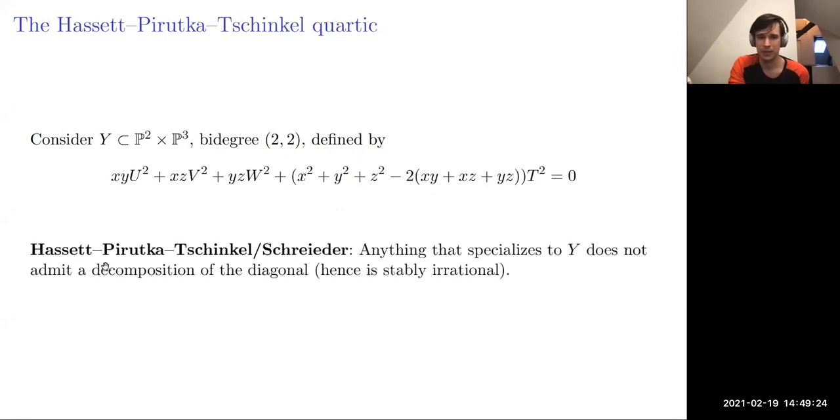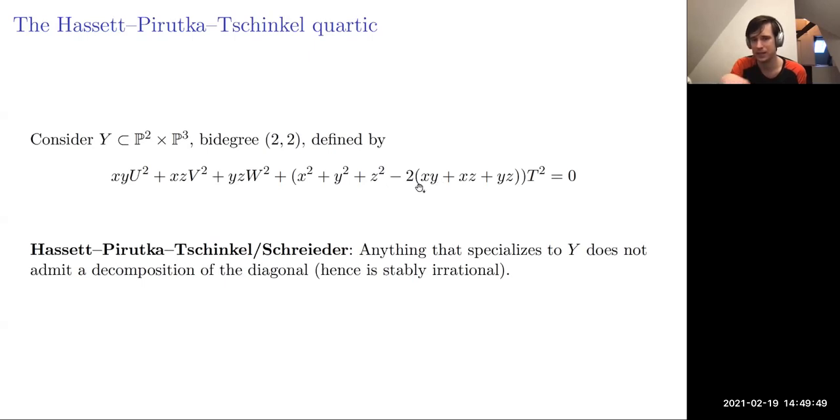Hasse-Pirutka and Colliot-Thélène-Kahn proved, and also Schreieder, that anything that specializes to this fourfold here does not admit the decomposition of the diagonal, and hence it's stably irrational. And it's a very remarkable thing, because this is a fourfold which is very, very singular.